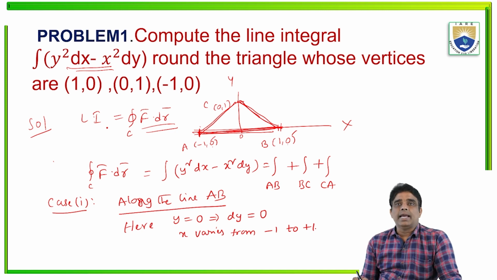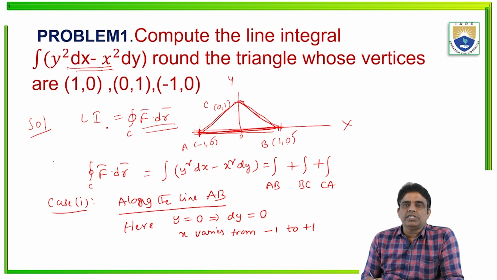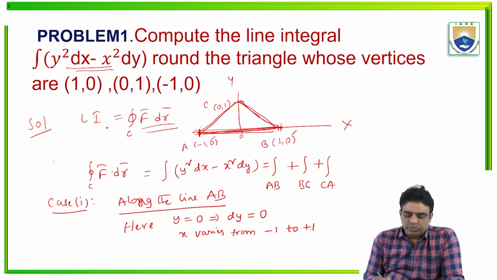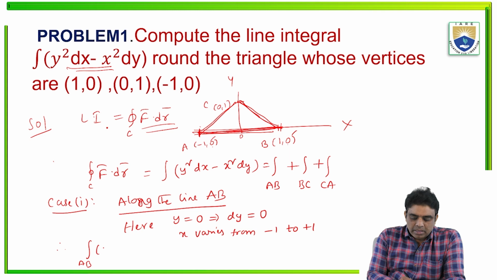So I am studying the line AB. Along the line AB, y is constant, y is 0 always, but x is a variable, varying from minus 1 to 1. Therefore, what is the line integral? Integral along AB of y square dx minus x square dy.